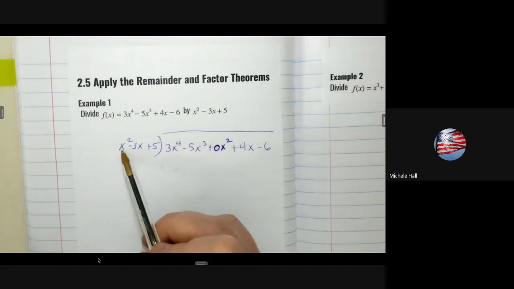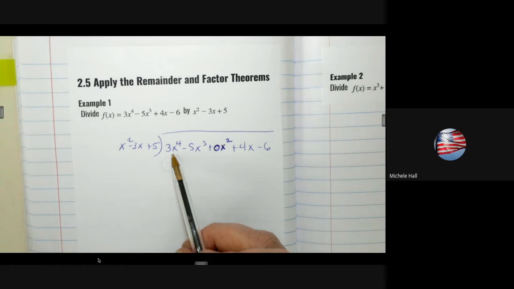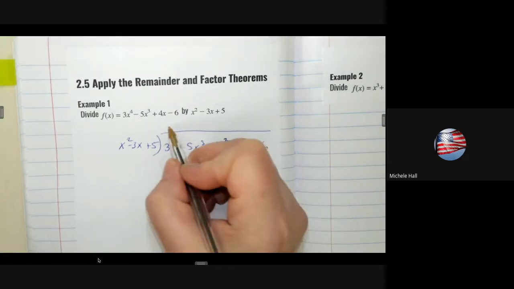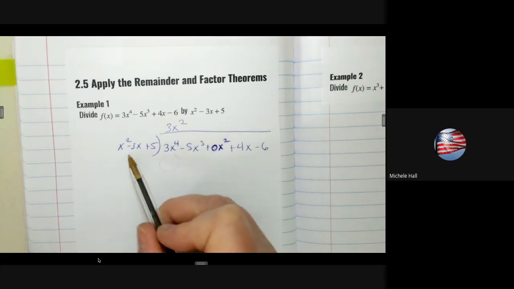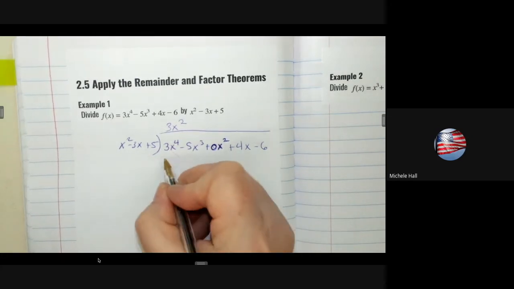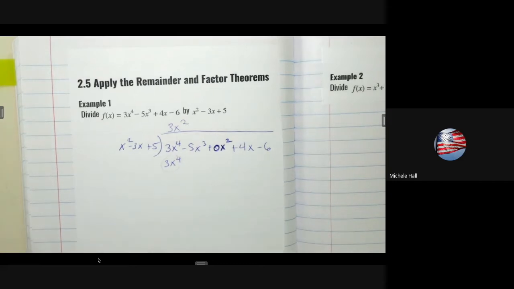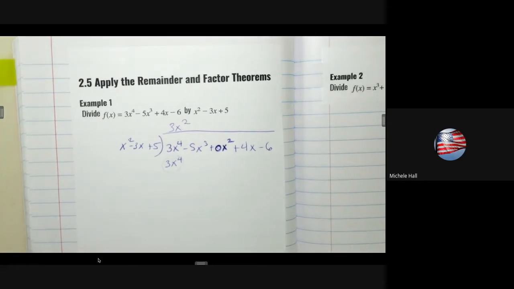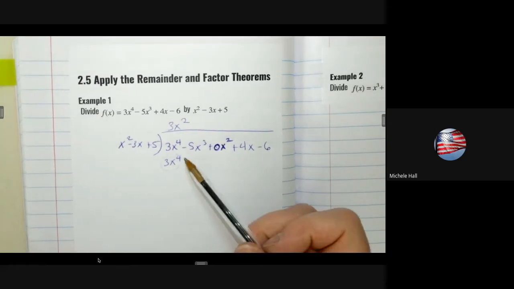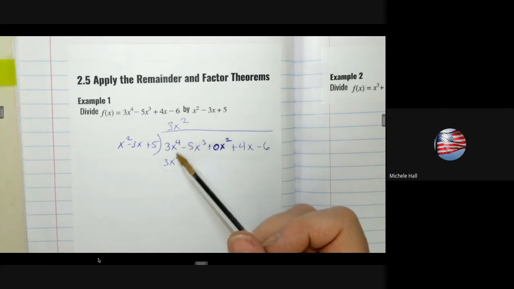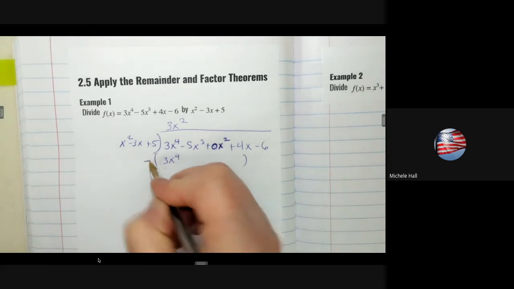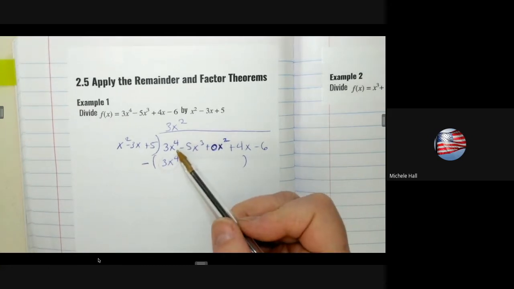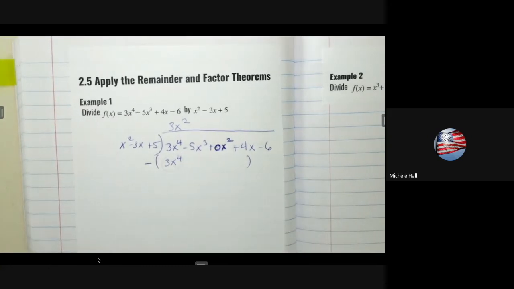That would be 3x squared. 3x squared times x squared equals 3x to the 4th. That is how you divide. You're always looking at the first term, and you want the first term to be exactly what is there. That way, when we subtract, it becomes a 3x to the 4th minus a 3x to the 4th, and they cancel.